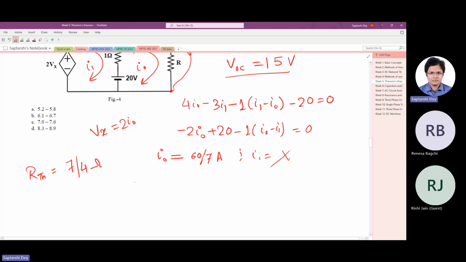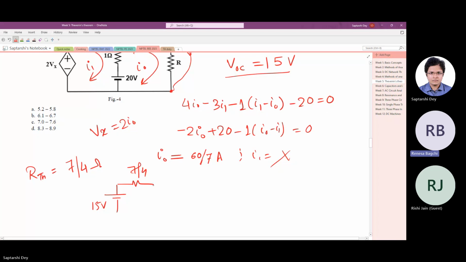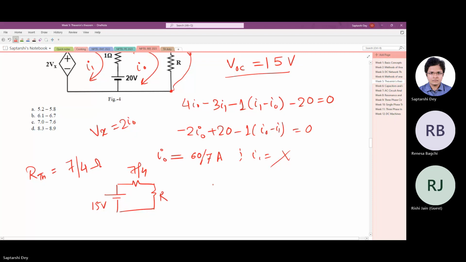Wait a minute. Am I doing something wrong here? Open circuit voltage is 15 volt we got. So it will be 1/7 plus R, whole square, into R. Wait, I'm completely lost. Just a minute.